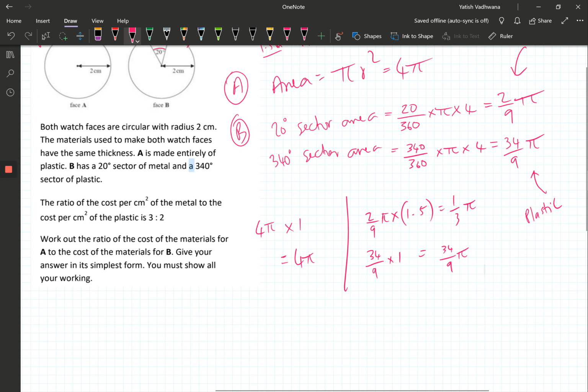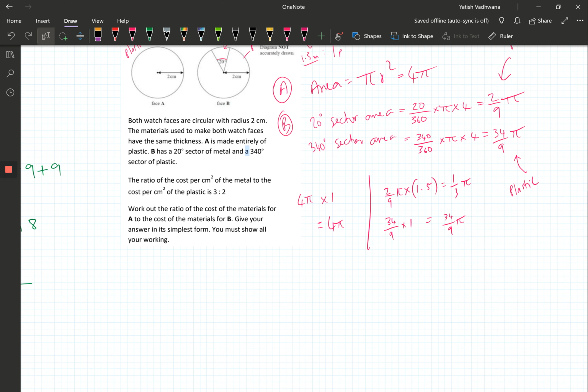So for the ratio, we're going to have to add these together. So it's 4 pi to 34 over 9 plus 1/3 pi. So 34 over 9 plus 1/3 is going to be 37 over 9.